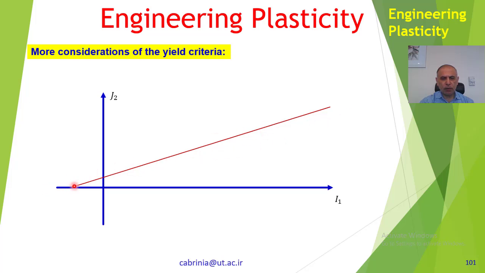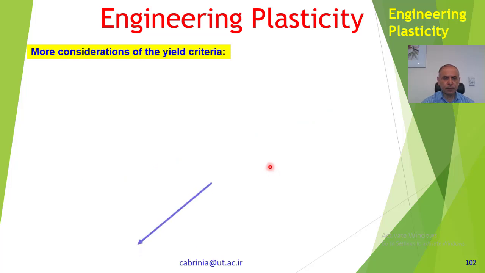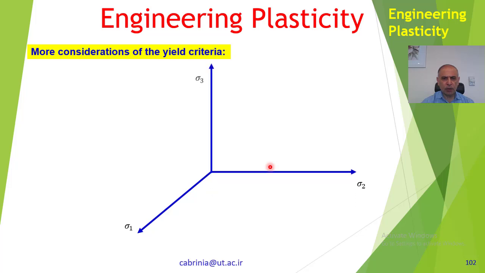Of course, you are familiar with this line. I have shown this line before for the Coulomb-Mohr or modified Mohr criteria for the materials which have different values for yield strengths in tension and compression. Now let us go to three-dimensional space and see how it is shown. This one.